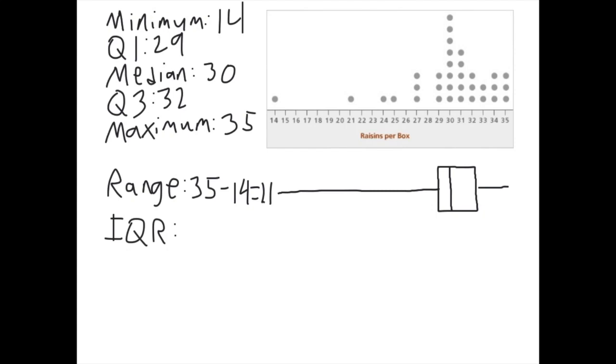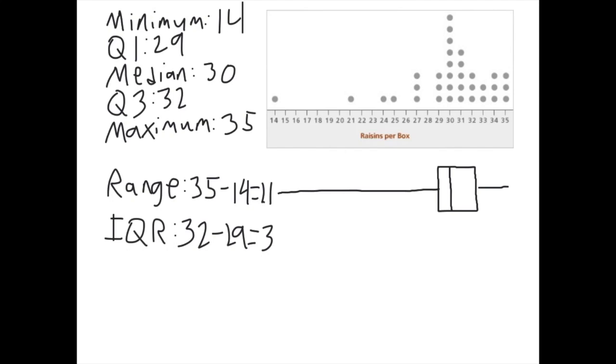So that would be Q3 minus Q1, or in this case 32 minus 29, which in this case is 3. A very small interquartile range. So in this case, 50% of the data lies within 3 units, or in this case, 3 raisins.